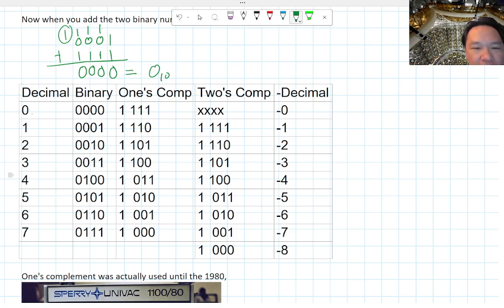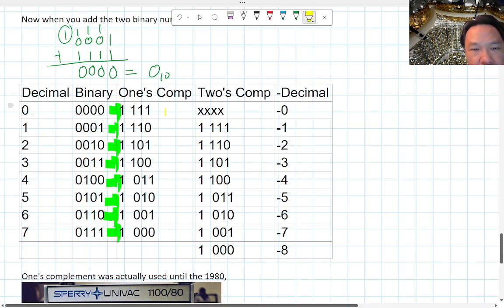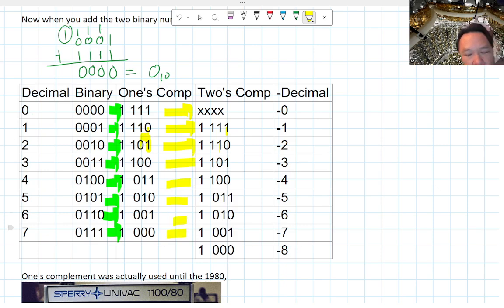To represent the negative value, it's a 2-step process. First you do the 1's complement, so you flip all the bits. The second step, which we'll do in yellow, is you add 1 to it. If I add 1 to this, it carries over to the 2's place. That's why it's like that. I'll have you play around with this table also, so you get used to these 2's complements and know how they actually work.